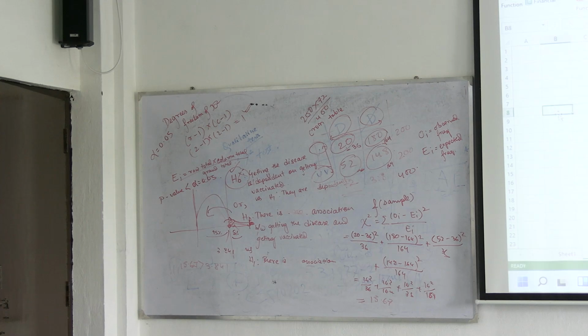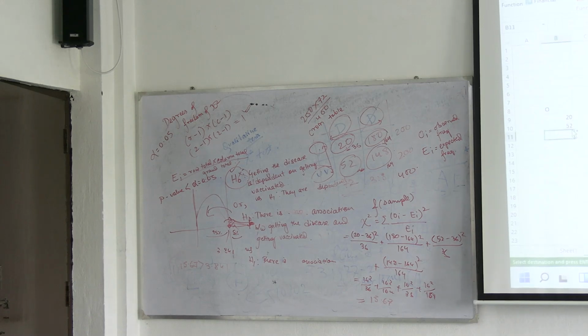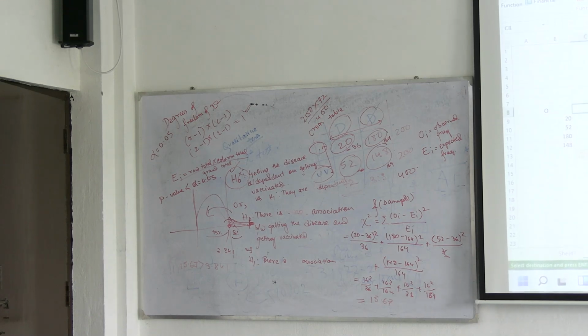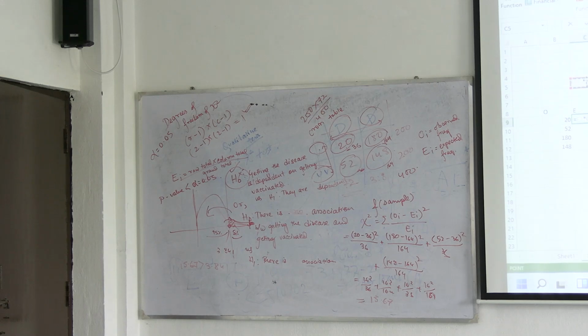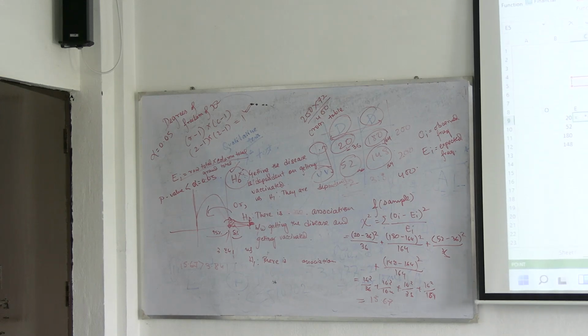So let's make a column for observed frequencies. Let's just copy this down. Now let's do expected frequencies. What were expected frequencies? Row total into column total divided by grand total. And we do it accordingly.